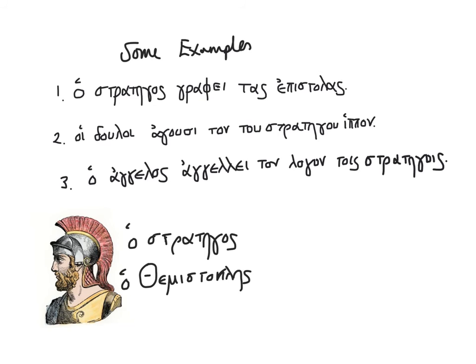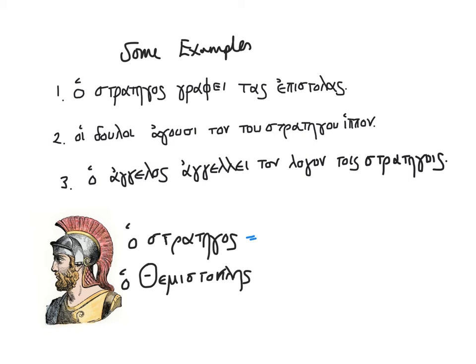Well, there's been a lot of grammar there, so it's time now to put some of that into practice. Here are a few sentences, and the common feature to each sentence is I've used the same noun, strategos, in each one. Well, strategos is a noun we've seen before, and I thought it might be time to just focus on the word just a little bit.